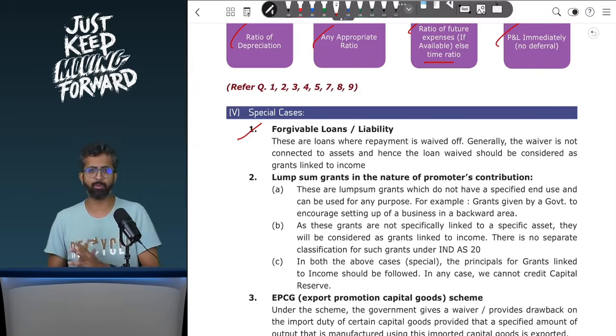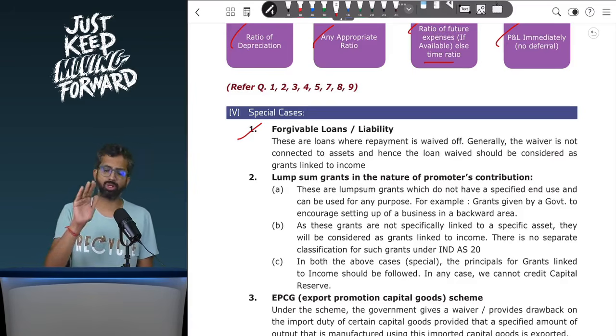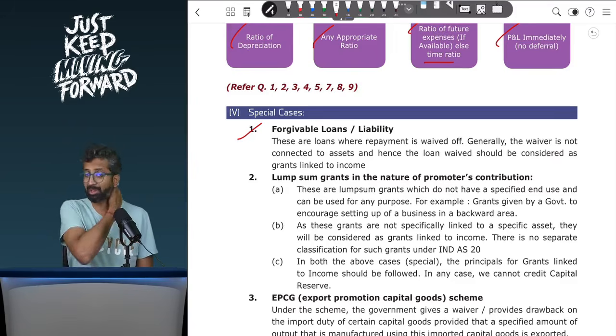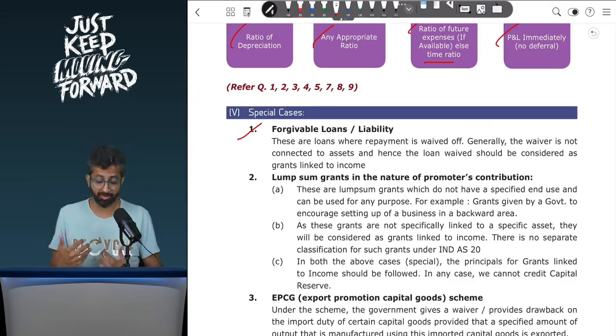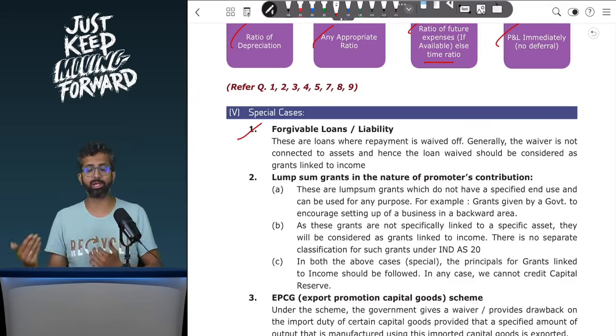Now this farm loan waiver has no connection or no condition attached in general, and as a result over here this will be like a quantifiable amount because there is a loan taken by a farmer and that loan is waived off. So loan account debit in the books of the farmer, credit what? Well, if there are no conditions attached, it is not linked to acquisition of a specific asset, then the farmer will credit the P&L directly because it is a grant linked to income and not linked to the acquisition of a specific asset.